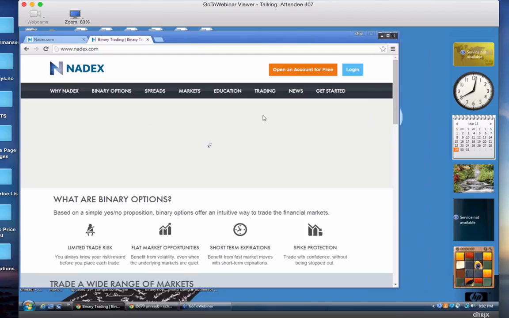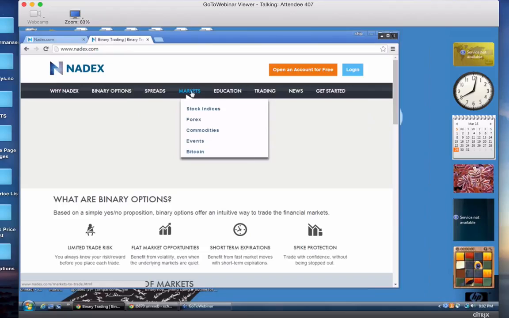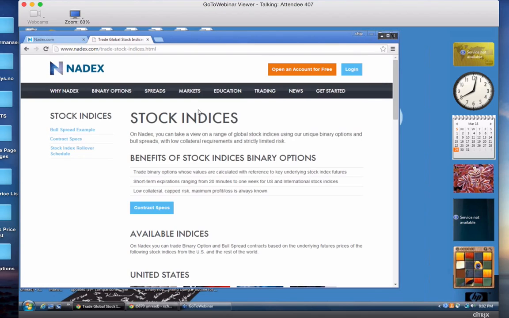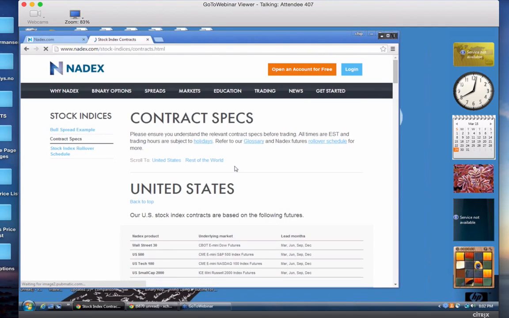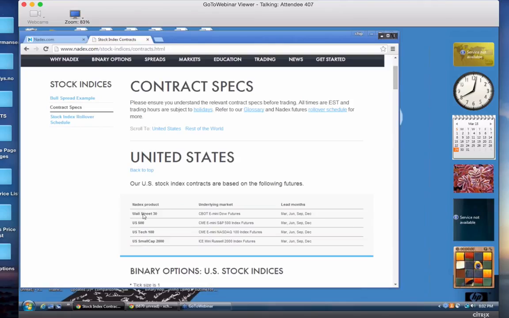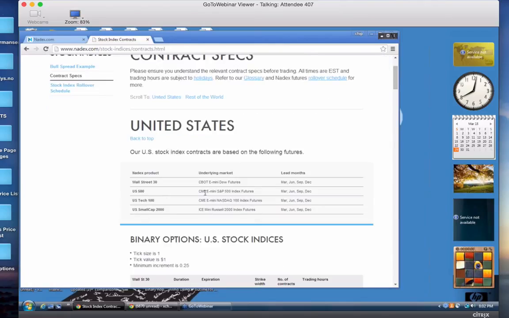And many times if you have questions, for example, if you're questioning what market you're trading on, what is the underlying product, right here, if you go here and you hit stock indices and you go contract specs, then you'll see what the Nadex name is, for example, US 500, and what the actual underlying market is.